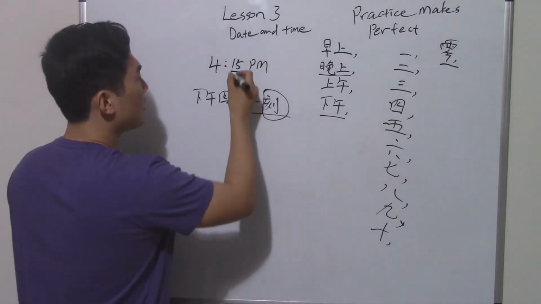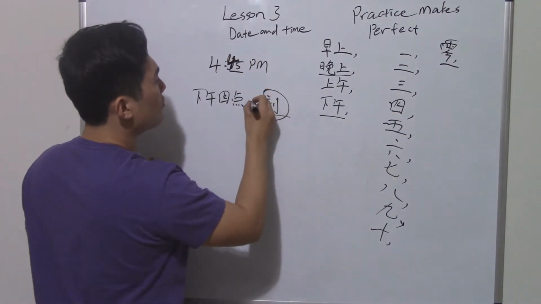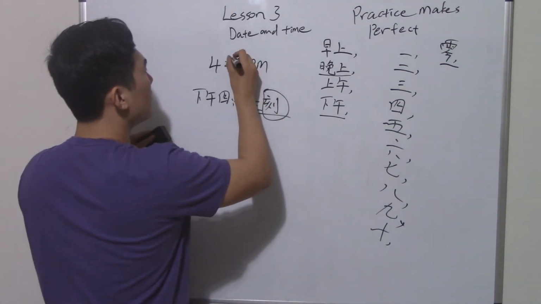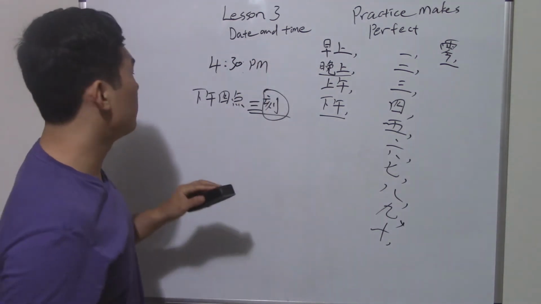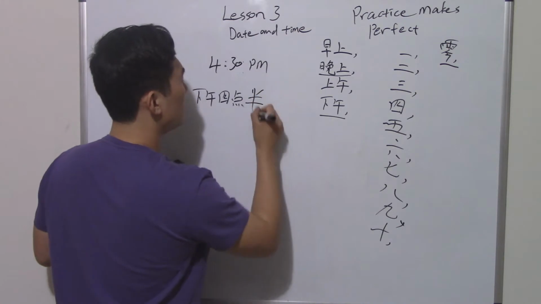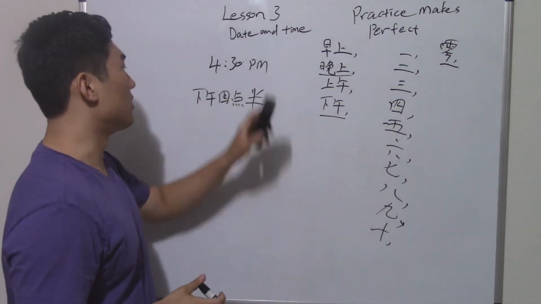Or if I say 45, that will be 3刻. But if it's 4:30, that's half, so simply say 下午4点半. 半 means half. That's how you write 4:30 p.m.